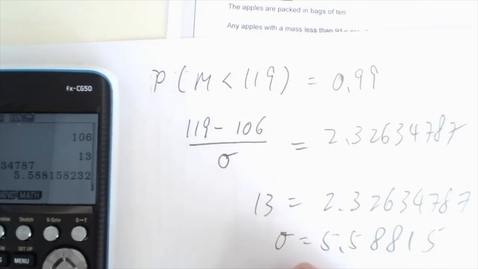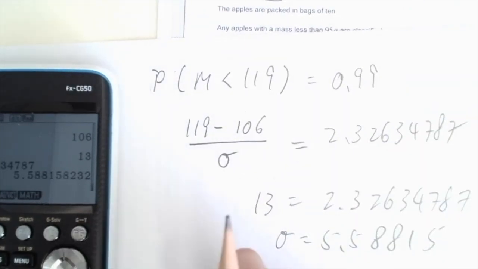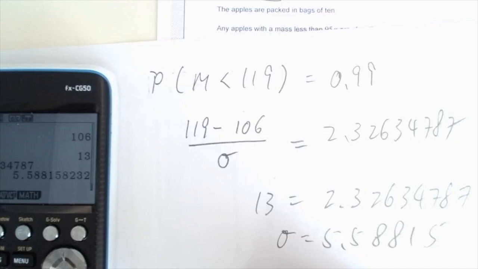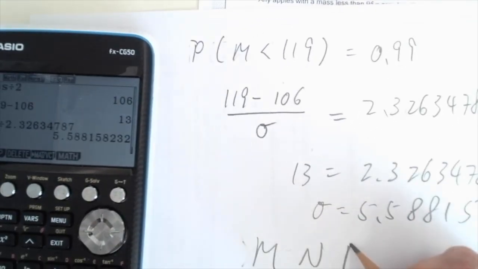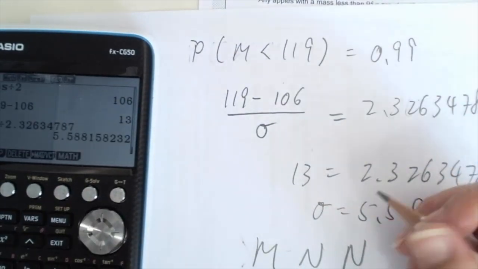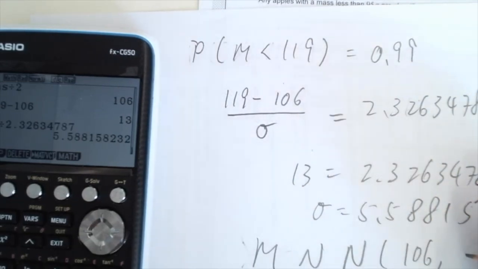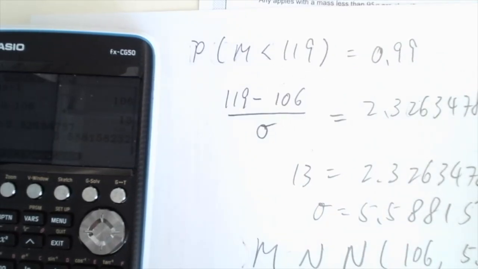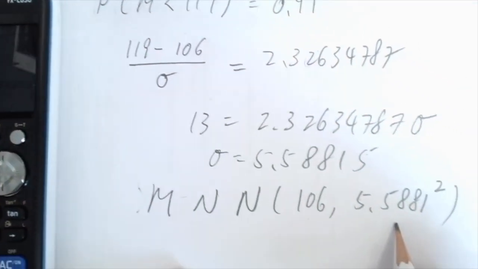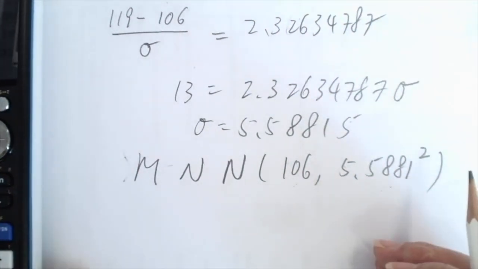So now we have our M normally distributed with mean 106 and the standard deviation 5.5881 squared. All right, because it's the mean and the variance. If you want to use the notation, make sure it's the mean and the variance.